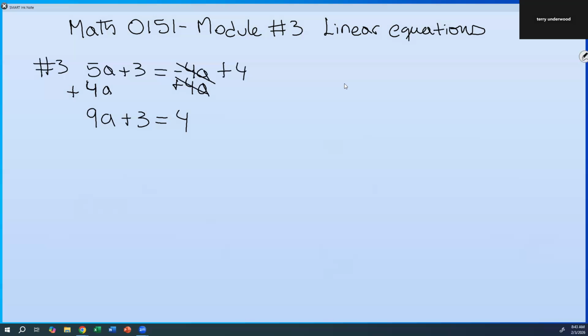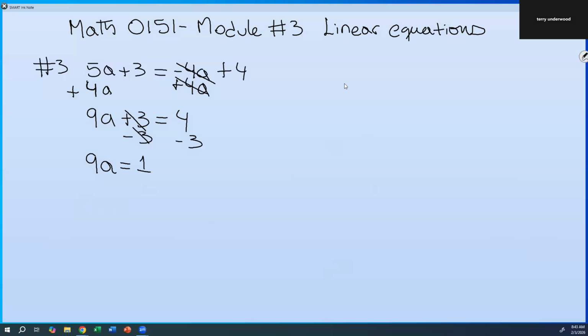But again, because I need to solve for a, and I need to isolate this a, I will move my 3 to the other side of the equation, from the left to the right. To do that, I will subtract 3 from both sides. When I do that, the positive and negative 3 cancel. I have now 9a is equal to 1, because positive 4 minus 3 will be 1.